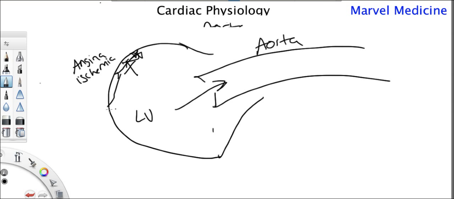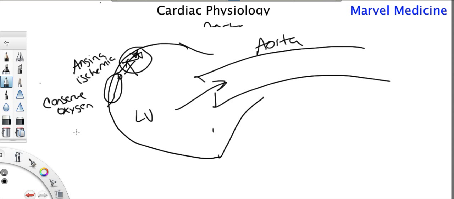I don't want it working harder. Why? Because I want to conserve the oxygen. I don't want the ventricle, this myocardium, using up all the oxygen and none getting to the ischemic area. I want to relax the ventricle. I don't want it working that hard.